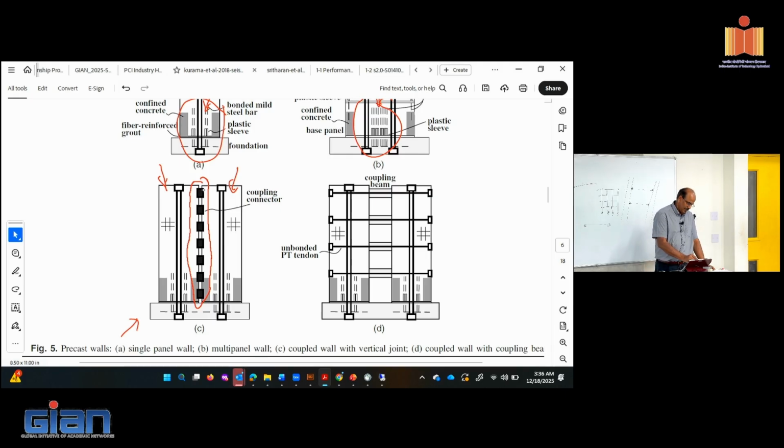Now, if they dissipate energy, if they go inelastic, they're exposed, so you can replace those dissipation elements after the earthquake. And fixing structures like that is not difficult.